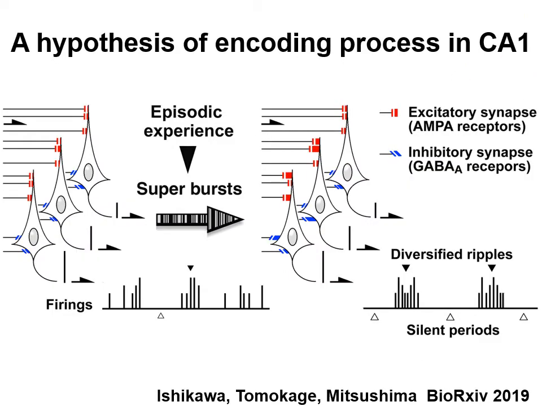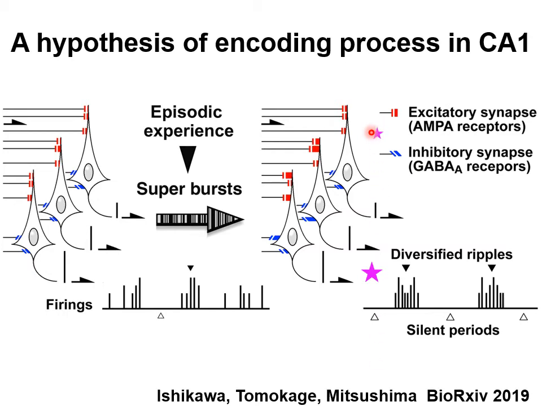Here we summarized our hypothesis of the early encoding process. We found that the diversity of ripple features was not only episode dependent, but also episode specific. Moreover, episodes produced synaptic diversity at excitatory or inhibitory synapses, and the diversity was also episode specific.